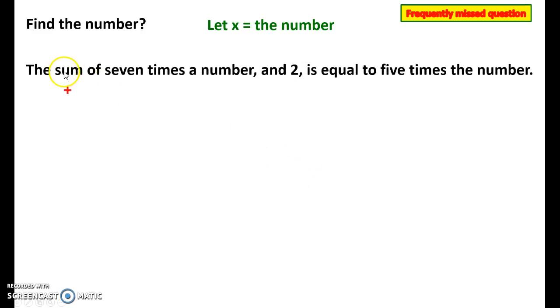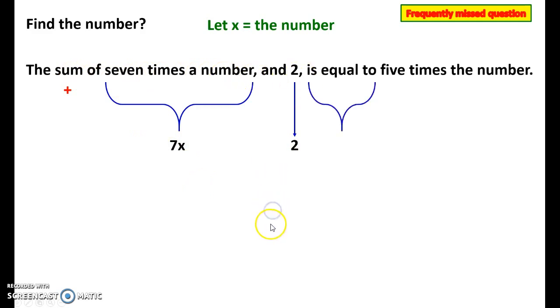The sum of 7 times a number, there's 7 times a number, and 2, the sum of these two, the sum of 7 times the number and 2 is equal to 5 times the number. Where does the addition sign go? Yeah, right there.